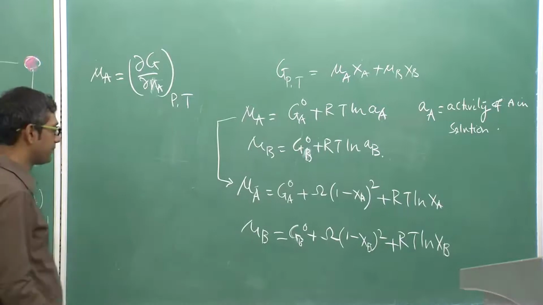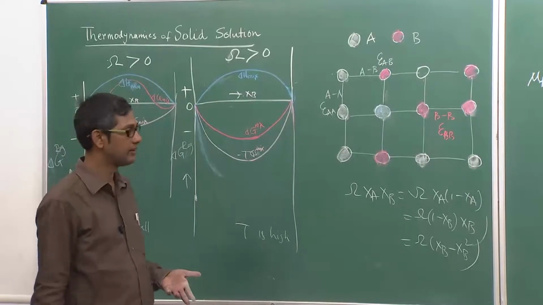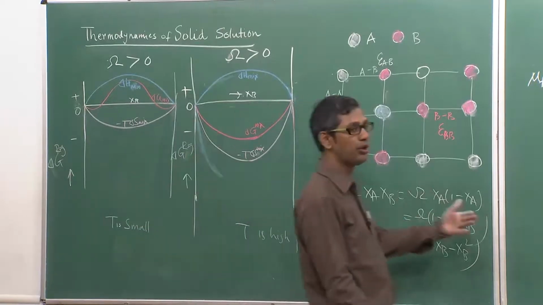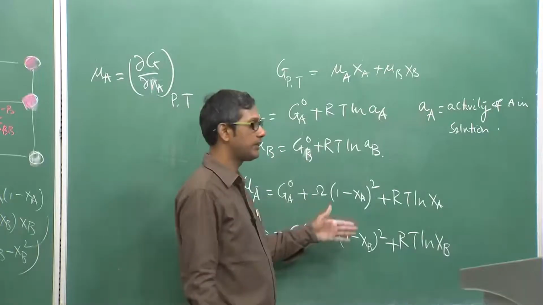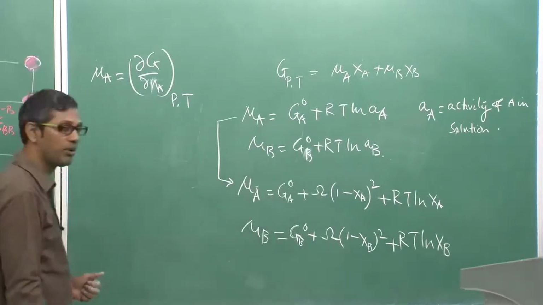It is very easy. This comes down directly from the expression of G I have given. So G is basically GA0 plus the interaction term plus the entropy terms, and from there it comes.